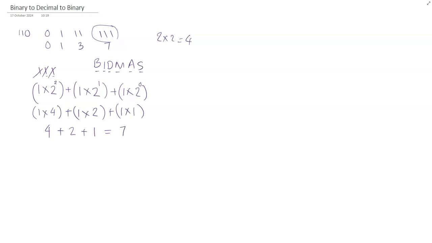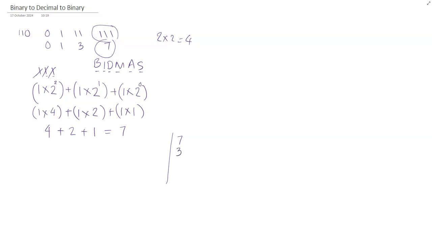Okay, I want to now change. So you've seen the beginning was 1 1 1 equal to 7. If I want to put it back to binary, I would just take the 7 here and divide by 2. If I divide by 2, then this doesn't divide into equal parts. We will have 3 and 3, and then a remainder of 1.